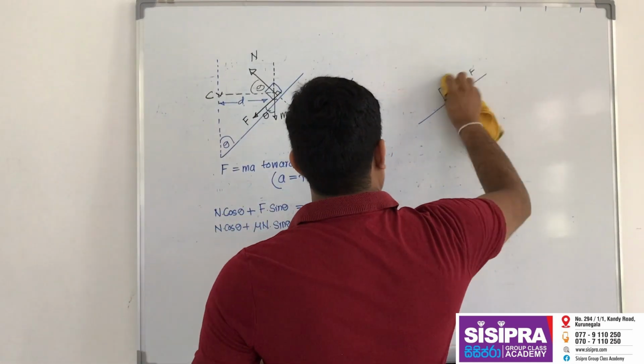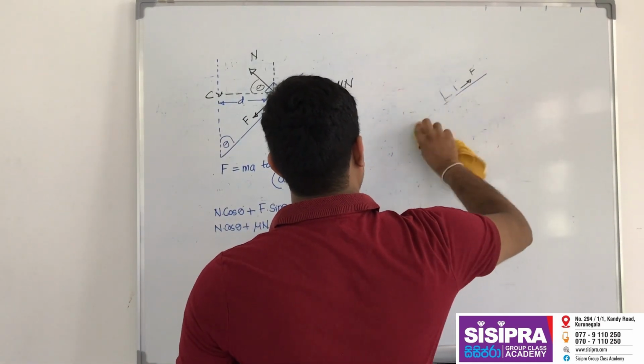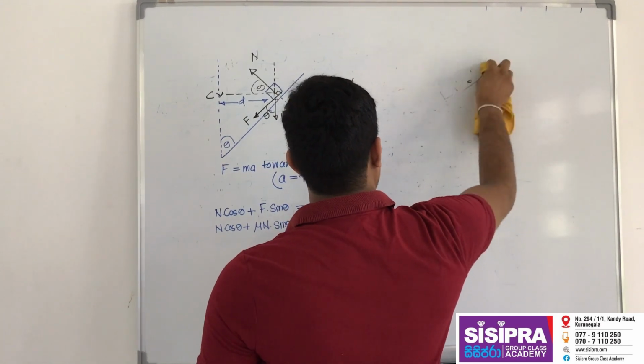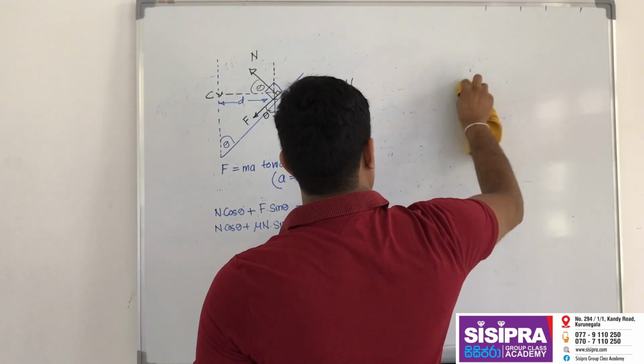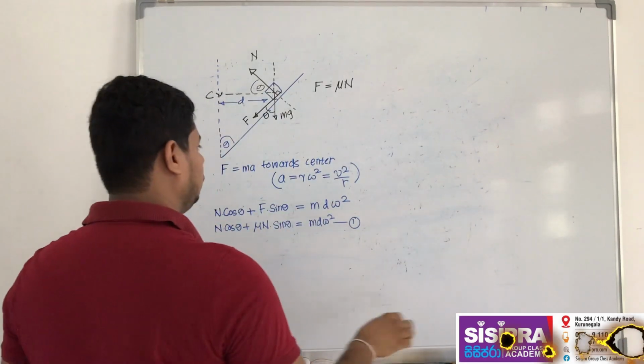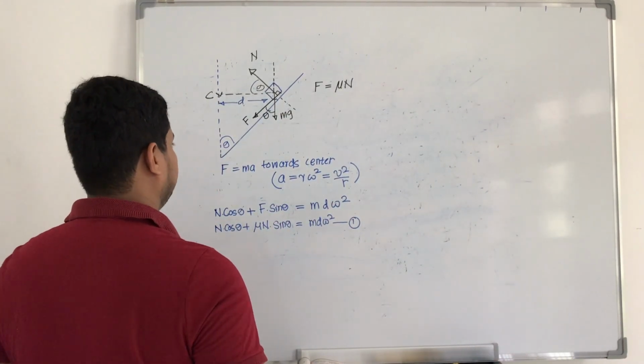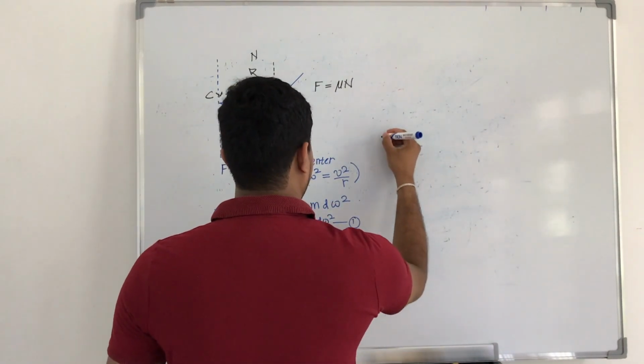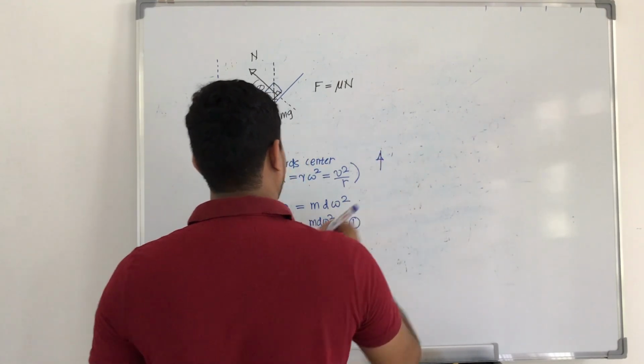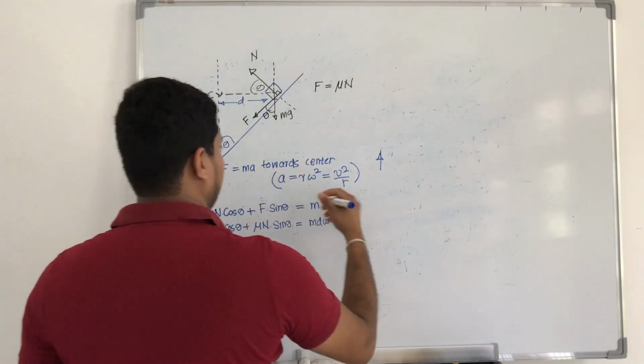Then I can apply the second step. In horizontal circular motion, there should be vertical equilibrium. So I can apply vertical equilibrium in the vertical direction. What are the forces?